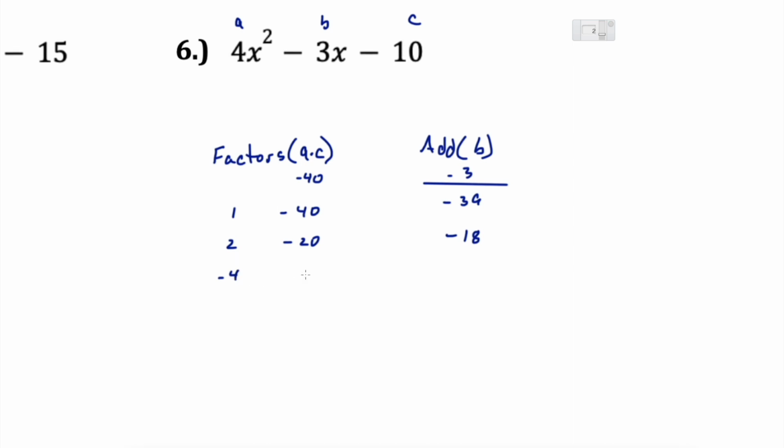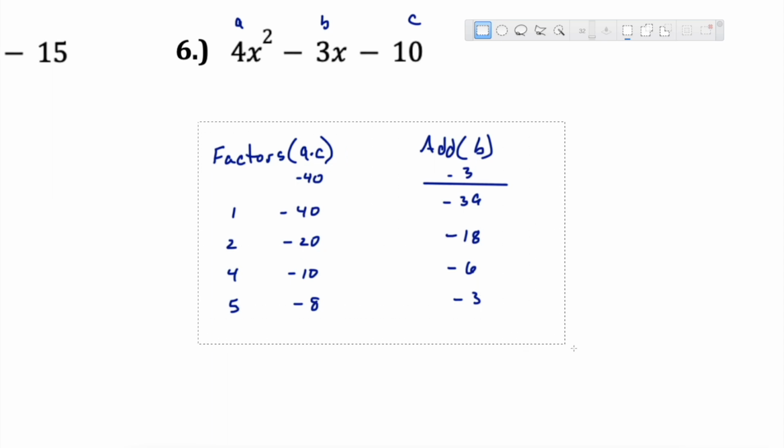Let's do a positive 4 and a negative 10. That gives me negative 6. I'm getting super close now. And so 5 and negative 8 are factors of negative 40. And when I add that, I get negative 3. So that's it.